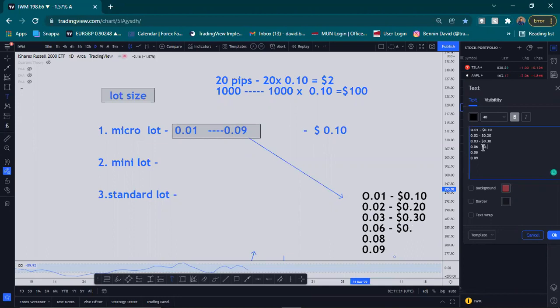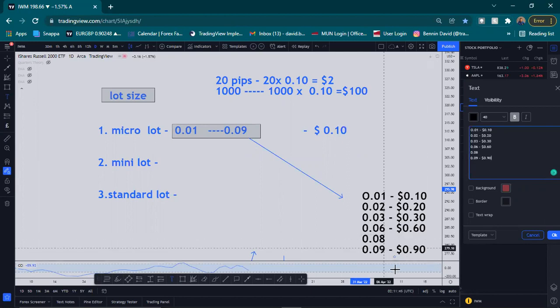So this is 10 cents, 20 cents, 30 cents, 60 cents for every single pip. So if you're using a 0.09 lot size, you would make 90 cents or $0.9 for every single pip. Right?